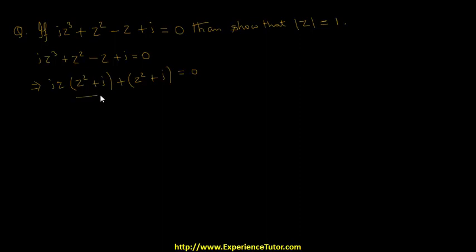Now we can take this common, so we'll get (z² + 1)(iz + 1) is equal to 0.